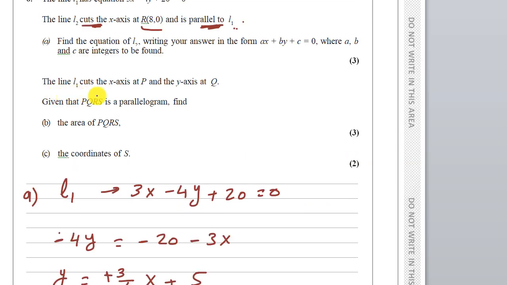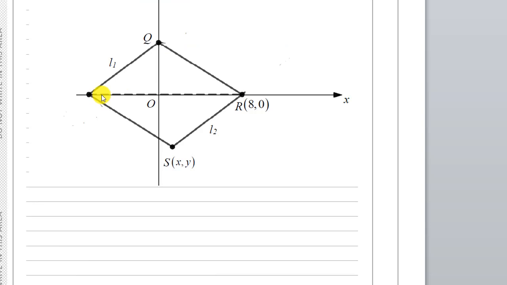Now the line L1 cuts the x-axis at P and y-axis at Q. Given that PQRS is a parallelogram, find the area of PQRS and the coordinates of S. Now this is the situation.